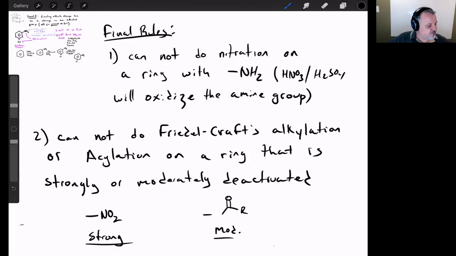All right, let me just pause for a beat, because right there, that's the end of electrophilic aromatic substitution. I did warn you at the beginning of this discussion that there would be a lot of things about electrophilic aromatic substitution. The first thing we did was learn the basic mechanism.